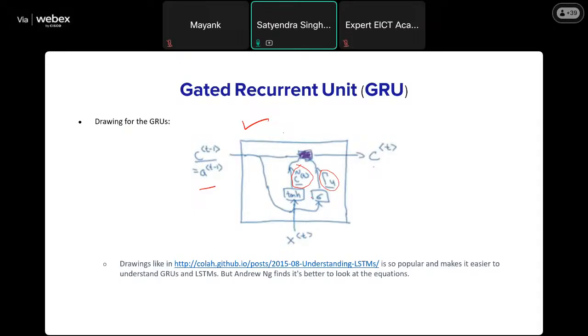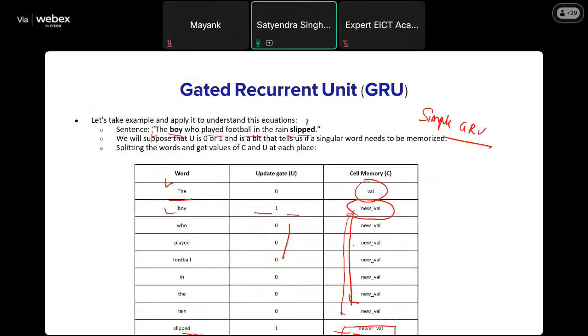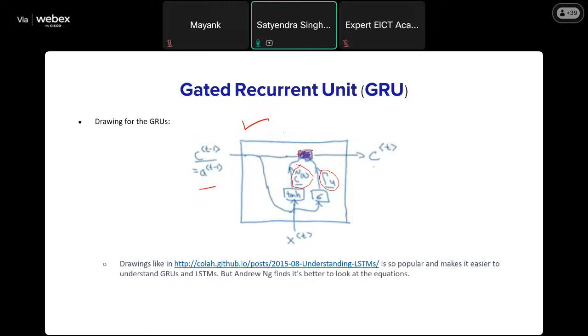And the third equation that we've written here: update gate multiplied with the candidate information, and 1 minus update gate multiplied with the old context information is represented by this, and this gives you CT.